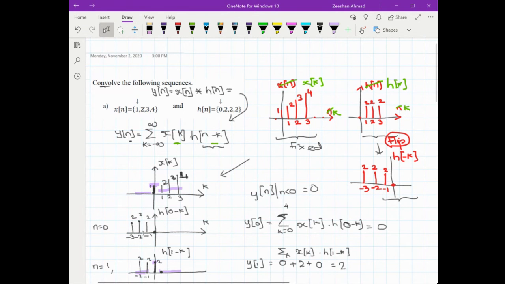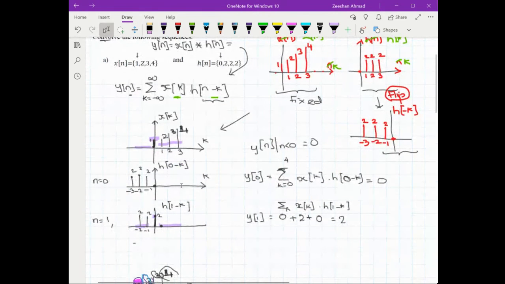Now we will take the signal and shift it to the right by 1. When you shift it to the right by 1, it will become n equal to -1. So this sample will shift to 0, this sample will shift to -1, this sample will shift to 2. Now we multiply these two signals, my x with h. Obviously at 0 I have the samples multiplied with each other.